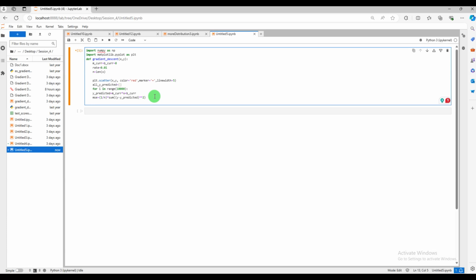And also after that, append a tuple containing the current iteration number and the predicted y value to the all y predicted list. So we write this if condition.